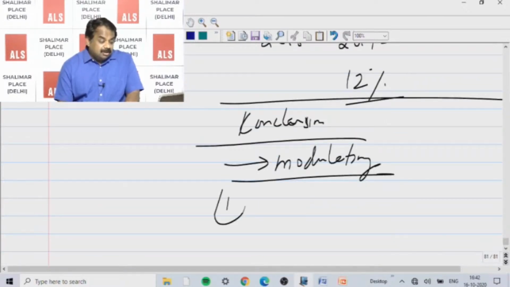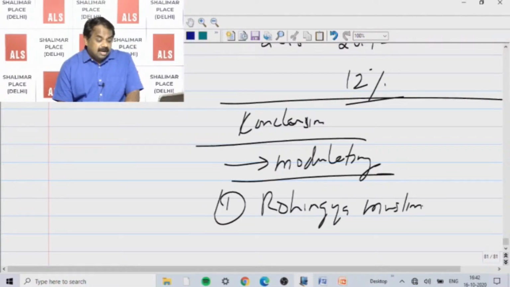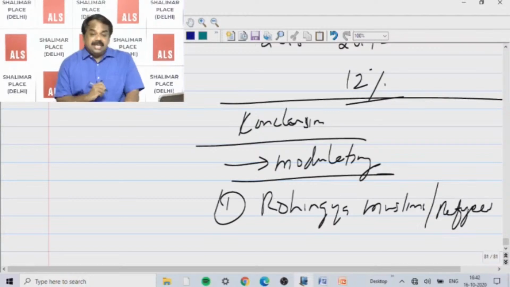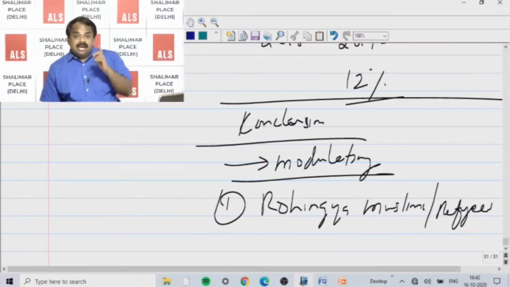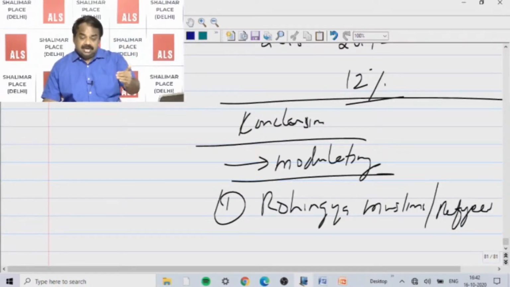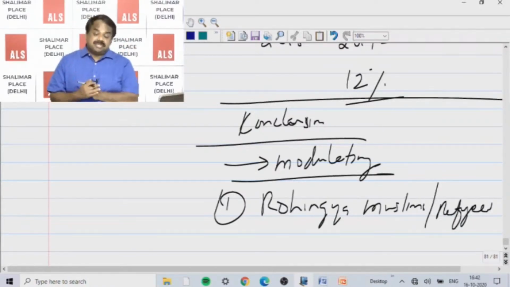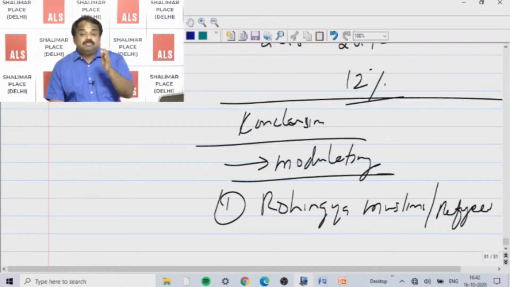Number one, our stand on the Rohingya Muslims and the refugees has slowly changed. Till recently, as far as Rohingyas were concerned, India was firmly backing Myanmar. We were saying it is their internal problem. But now we have said that Bangladesh's concern also should be taken care of.